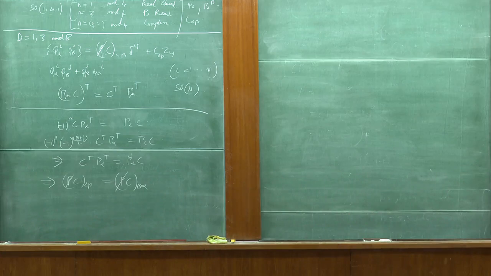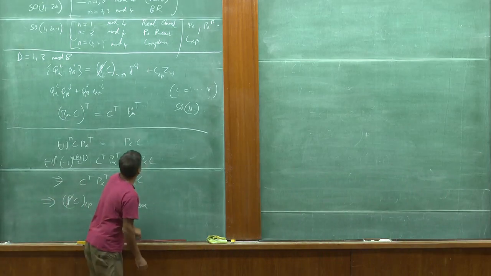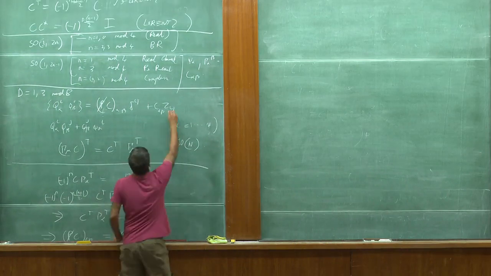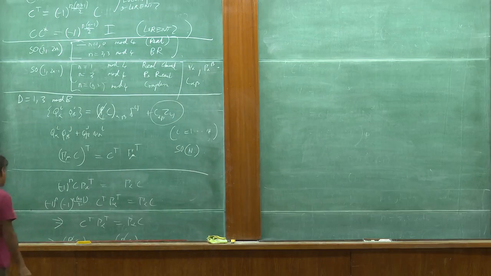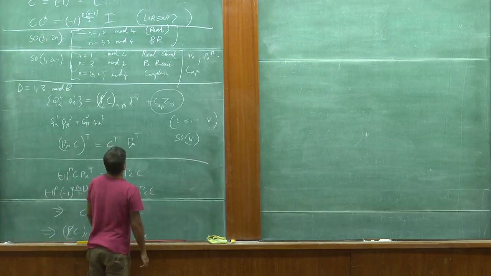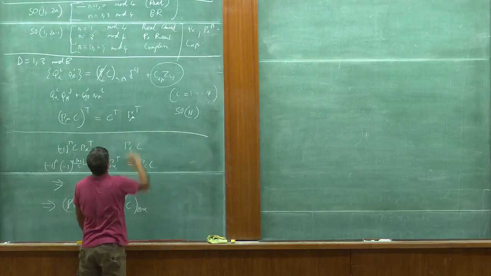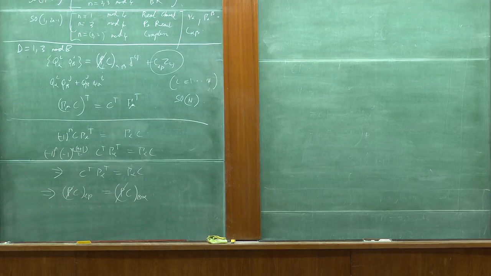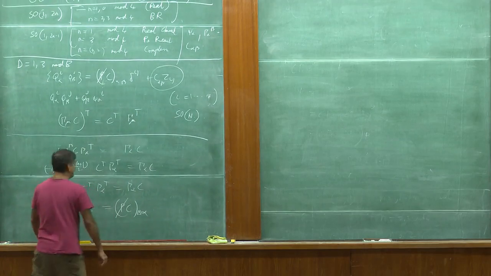Okay, now what about the other one? What about this other term? Shuman was asking about this last time. Okay, what about this other term here? Well, let's take its transpose. That just gives us the transpose of C. And the transpose of C had this factor here.